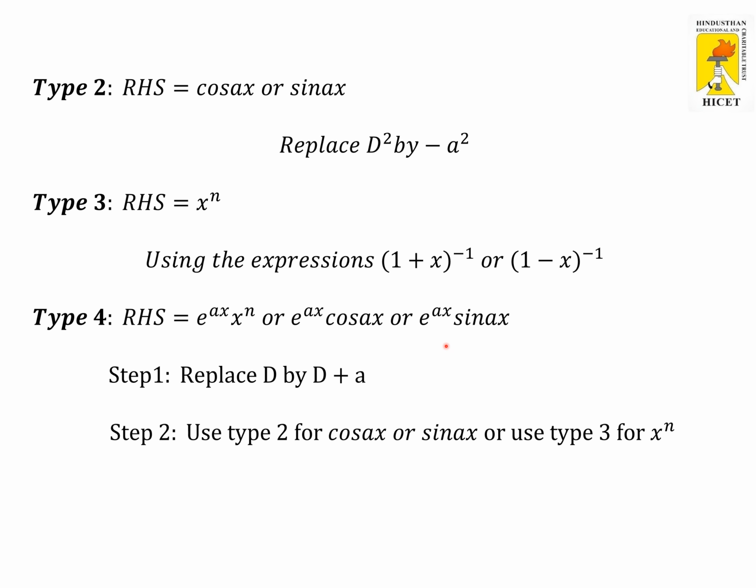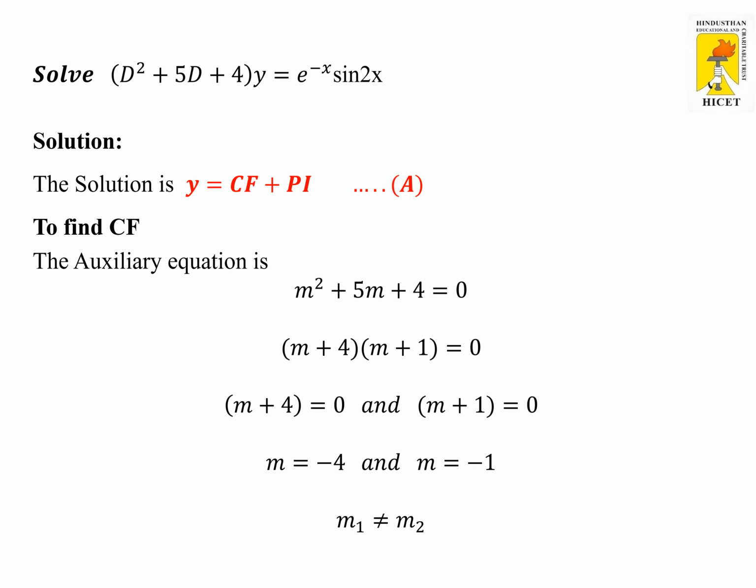In step 1, first replace D by D plus a. Then we have only the term x power n or cos ax or sin ax. Then we can use either type 2 or type 3 for finding the particular integral.